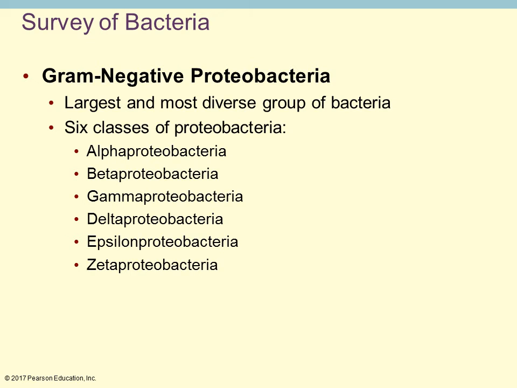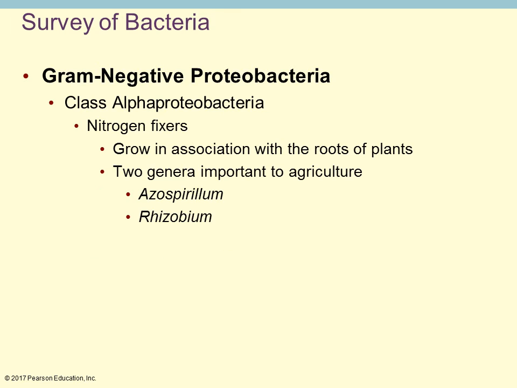Gram-negative bacteria are going to be the largest of the groups. A very diverse group. This will include some bacteria that are very important for agriculture because they are nitrogen fixers. Azospirillum and Rhizobium grow in association with plant roots. Plants need nitrogen, but they cannot always use nitrogen in the form that it's found in the soil.